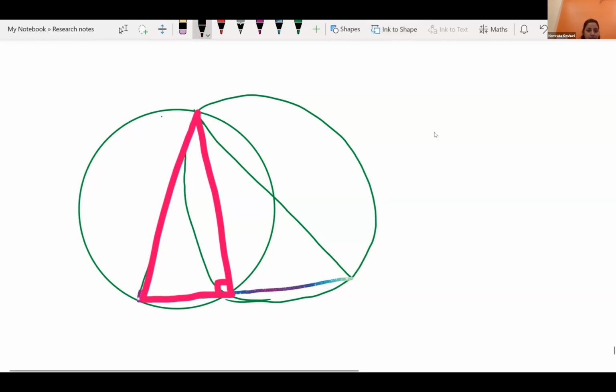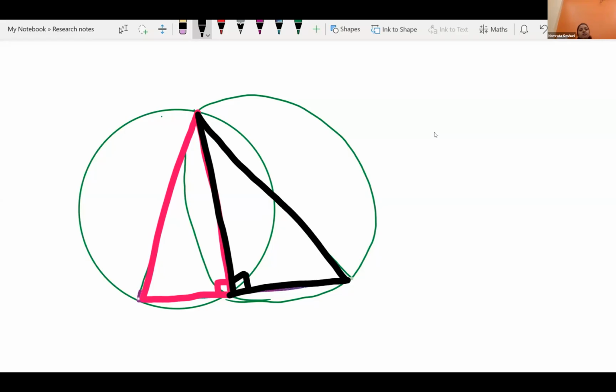Similarly, if we take this diameter, can we say that this angle will be 90 degree? Because angle in a semicircle is 90 degree. Yes, ma'am.